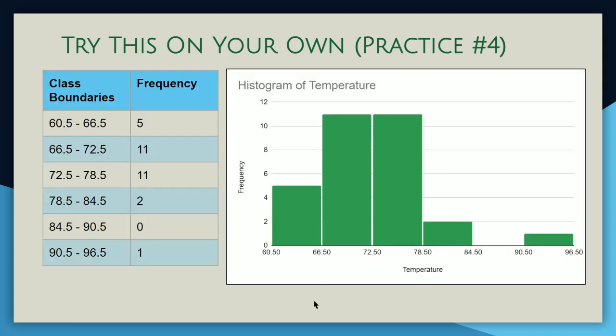And then when we graph that, we get a picture that looks like this. You'll notice it's labeled, just like my last picture was labeled, but this one wasn't hand-drawn. This one was actually done in Google Sheets. You have the option of using any number of digital tools to help you build histograms and other graphs.